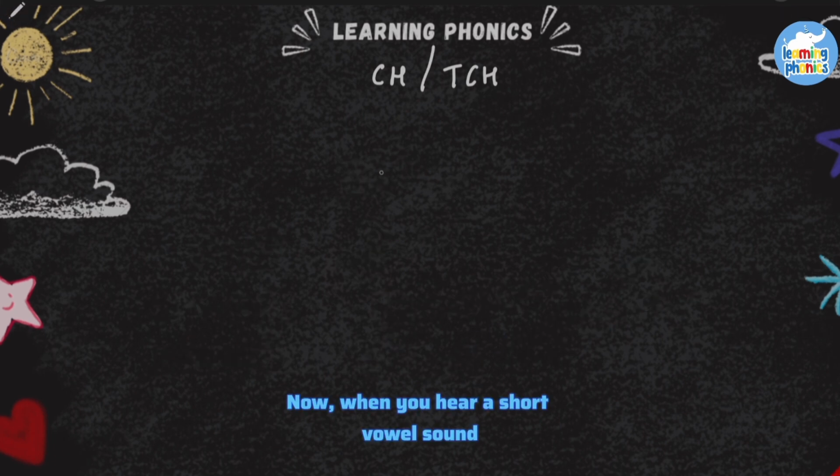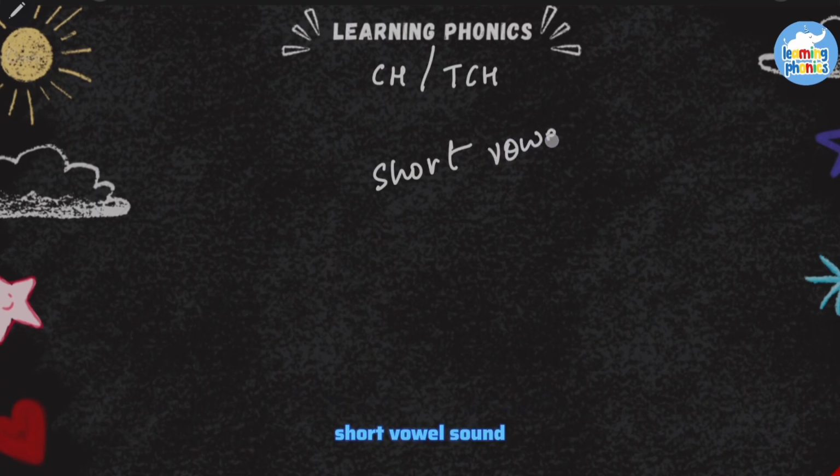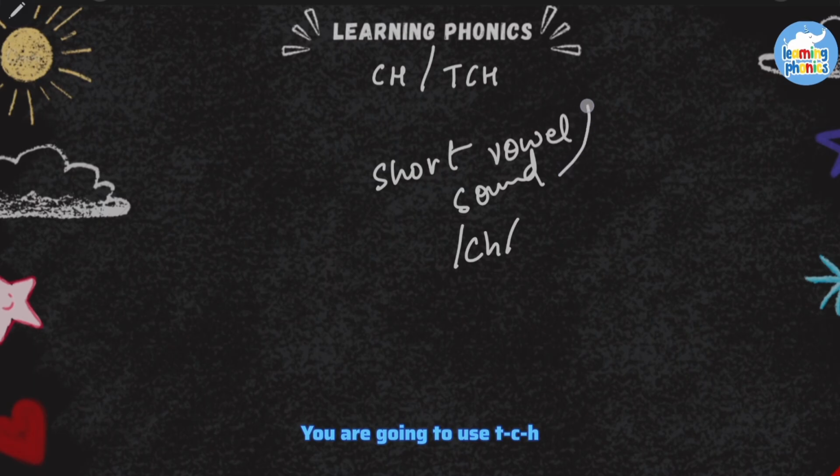Now, when you hear a short vowel sound right before the ch sound, what are you going to use? You are going to use TCH. That is going to make the ch sound. Okay, let's see some examples.